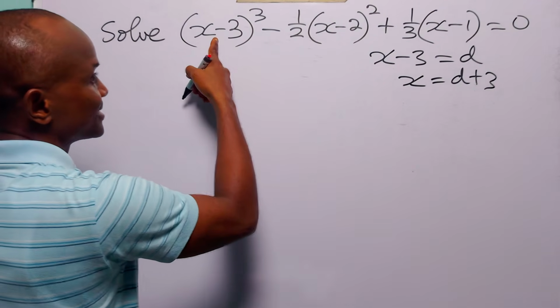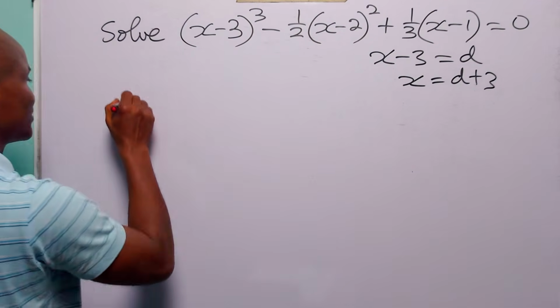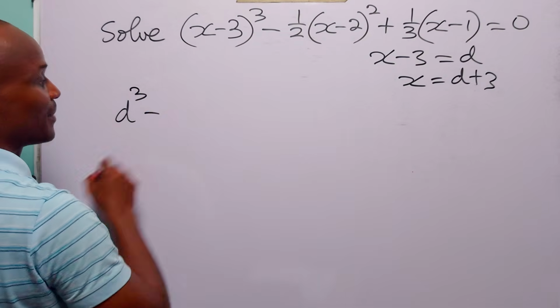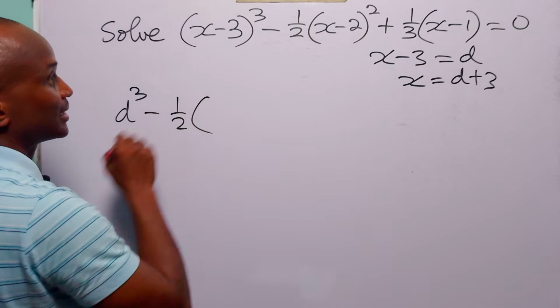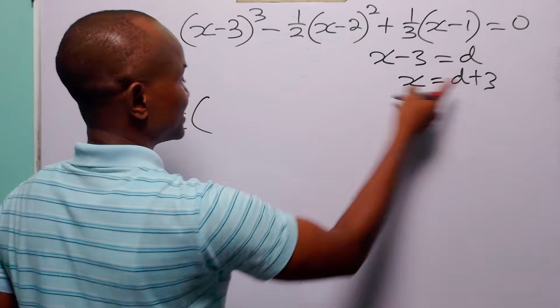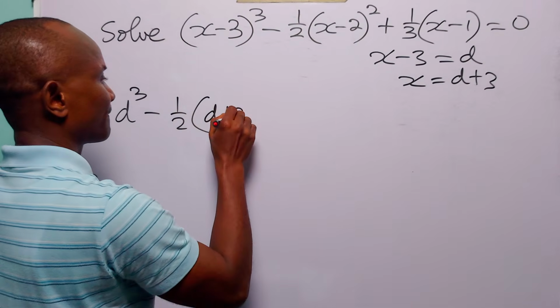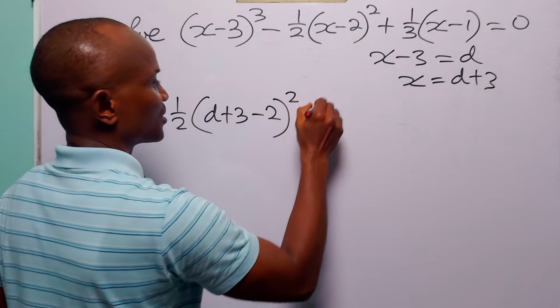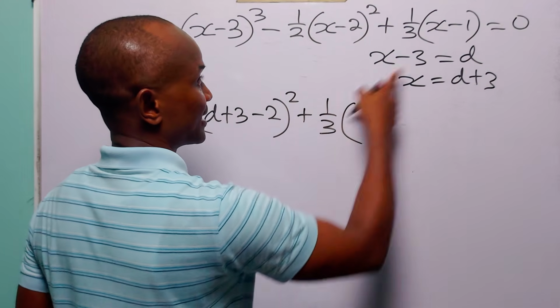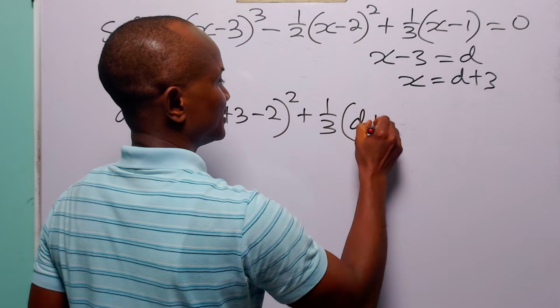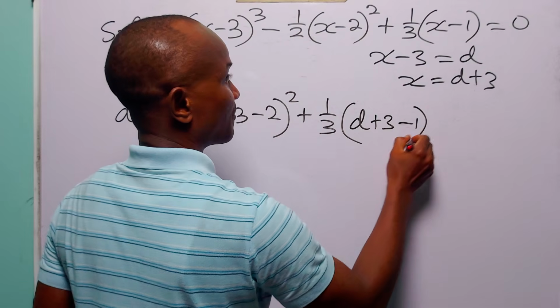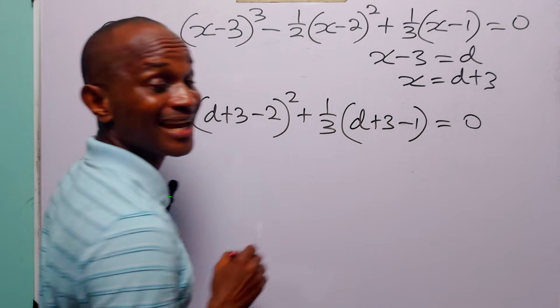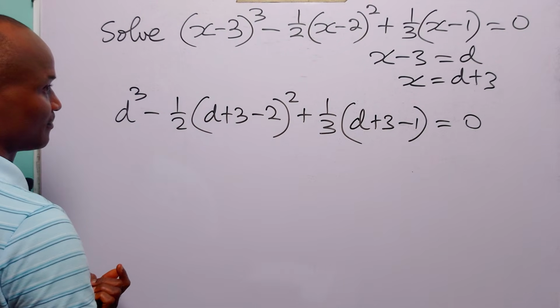Of course, this is now d. So we have d cubed minus half times x, which is d plus 3, minus 2 squared, plus 1 over 3 times d plus 3 minus 1, and this is equal to 0.